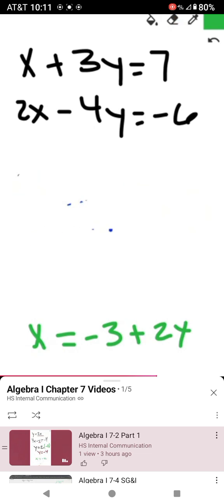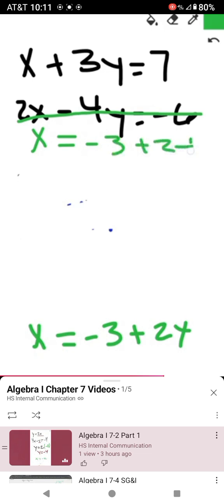So we'll go ahead and use the first equation for that. And instead of writing x, we'll write negative 3 plus 2y in its place. We'll substitute it. And we'll just rewrite this equation. So instead of 2x minus 4y equals negative 6, we'll rewrite it as x equals negative 3 plus 2y.